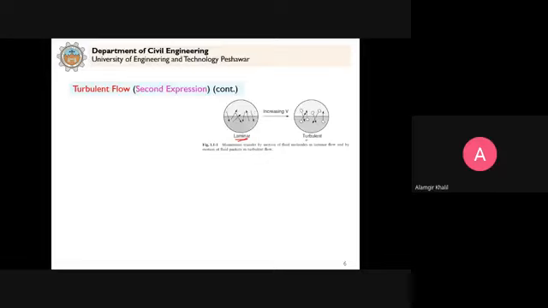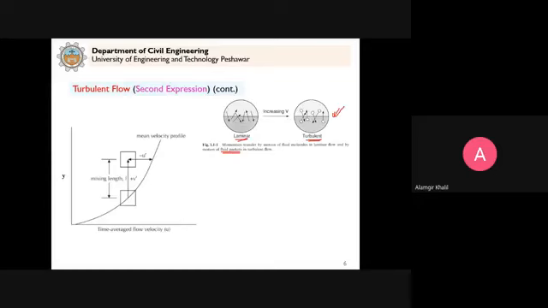But in case of turbulent flow, rather than the molecules, we have fluid packets, which we call eddies. These fluid packets move randomly, and because of that the interchange of momentum takes place between the different layers in case of turbulent flow. So this is what I explained last time.